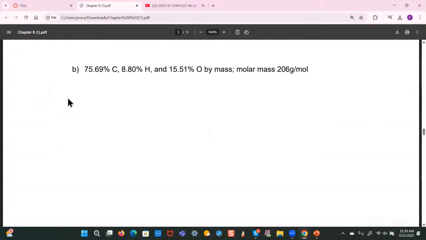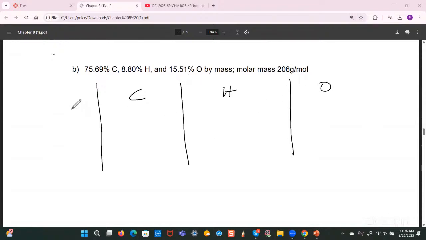So let me construct my table here. Carbon, hydrogen, and oxygen are the 3 elements present. And as I said before, we assume that we're working with 100 grams, which means that these percentage values will represent the masses of each element.